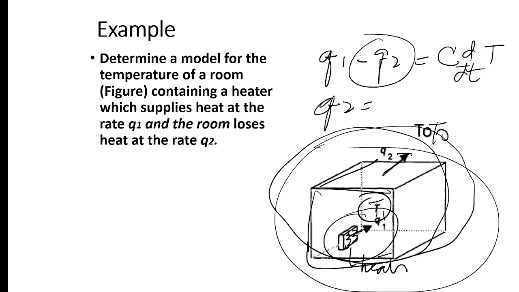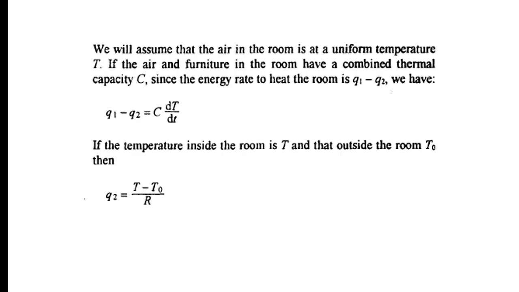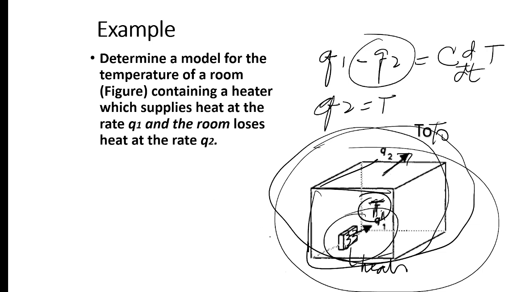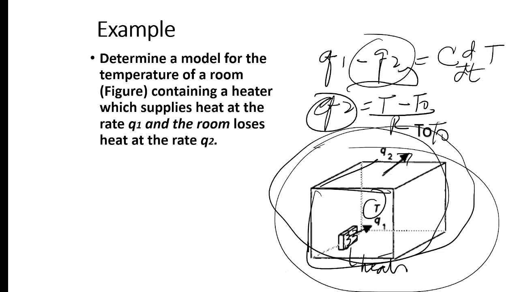So Q2, before it goes out, there is this T. Let me erase so that it will be clear. So there's a T here, T minus the temperature that goes out, which is smaller in quantity, TO, and then the resistance. So there's a thermal resistance. So we're going to substitute this here.